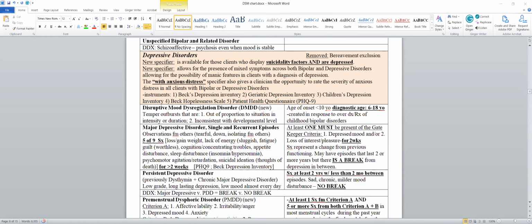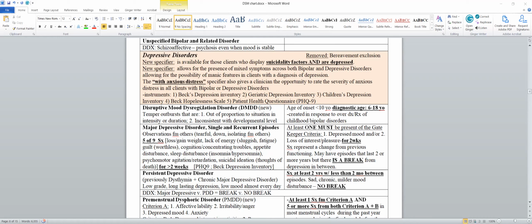Moving on to the next main category called depressive disorders. What was removed was the bereavement exclusion. There are new specifiers. A new specifier is available for those clients who display suicidality factors and are depressed.